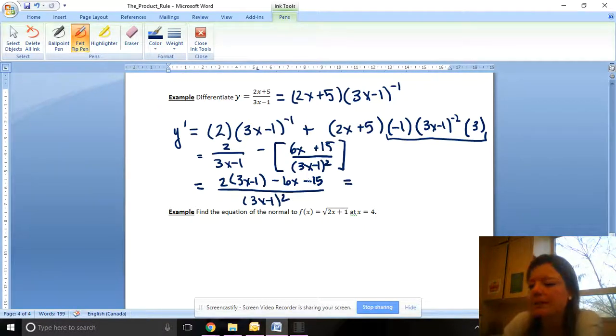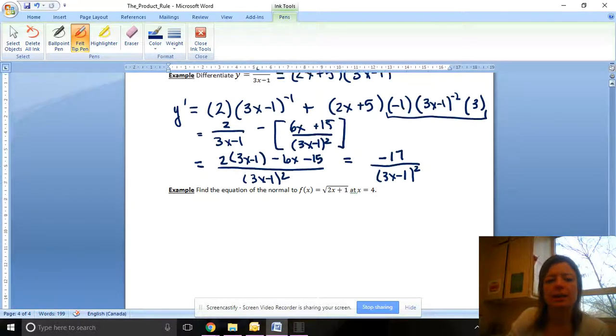When you expand this out and simplify, you just get negative 17 over 3x minus 1 all squared. So this is what I mean, we get lost in what we're actually doing. This is the derivative of this function. This represents the slope of the tangent at any given point to this rational function.